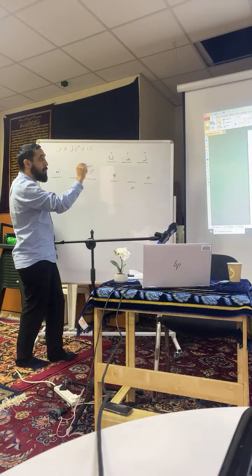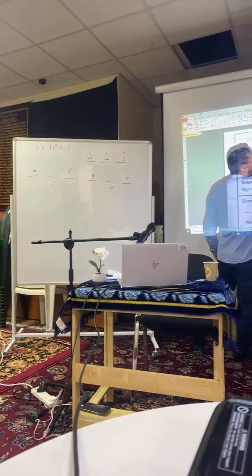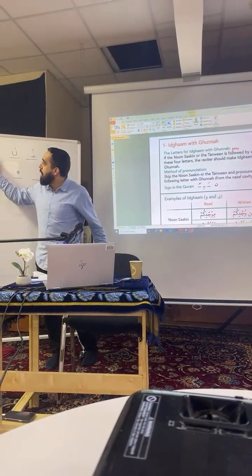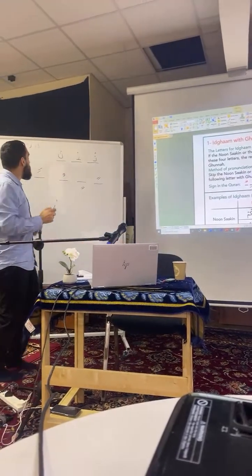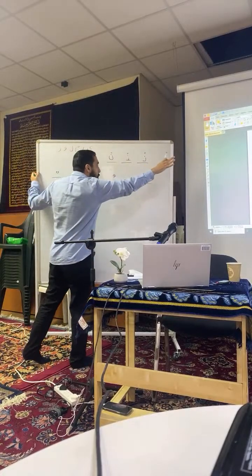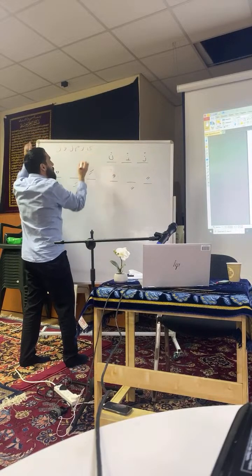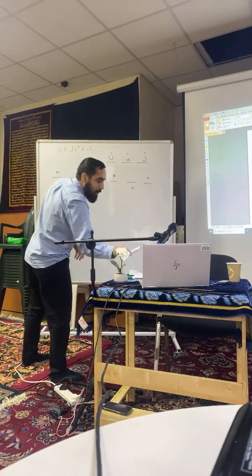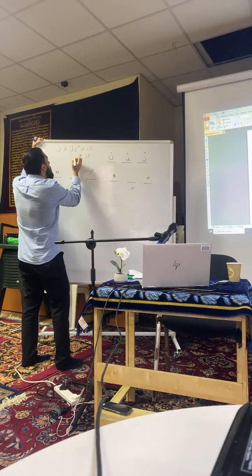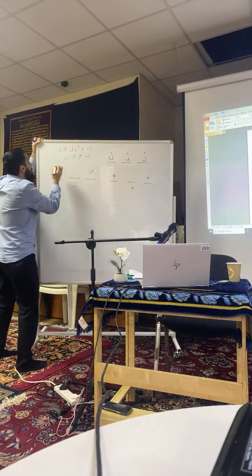Now for idgham with ghunna, this has come up with the phrase yanmu, which I'm not particularly fond of because it doesn't mean anything to me. I think it's easier to just drop the lam and the ra, which don't happen with idgham with ghunna. So if I was to go through idgham with ghunna, they would be the letters ya, mim, wav and noon, which make up the word yamun.